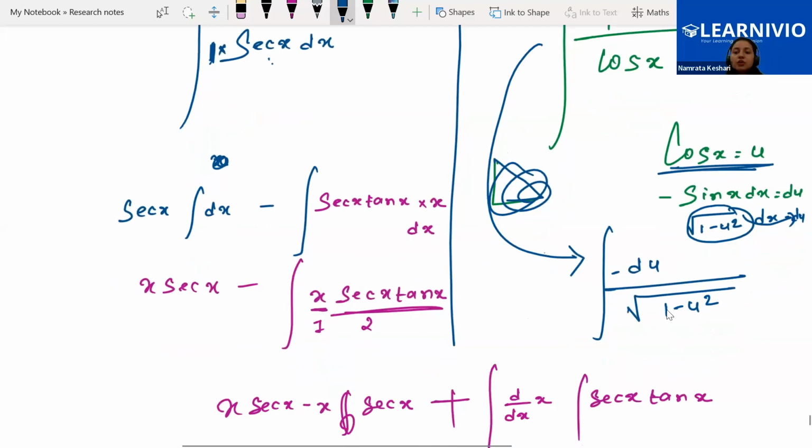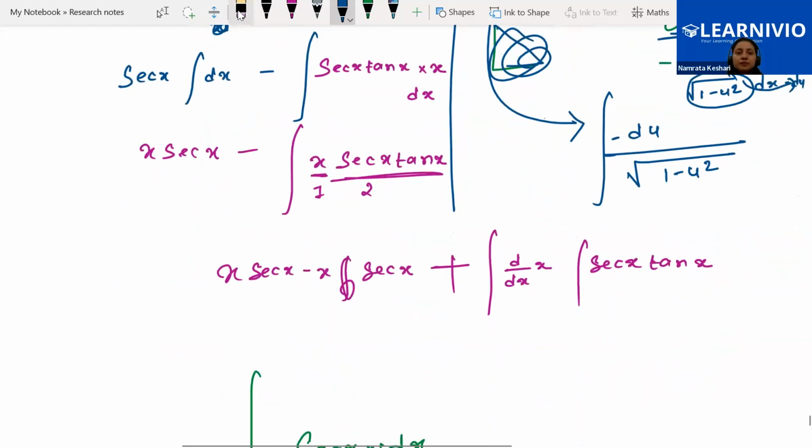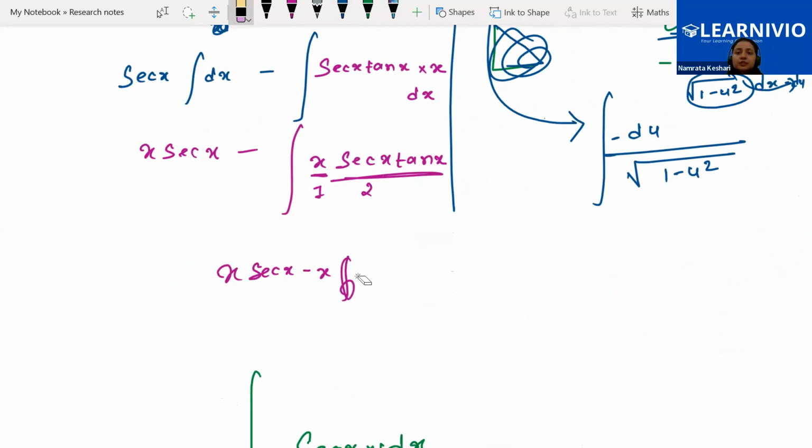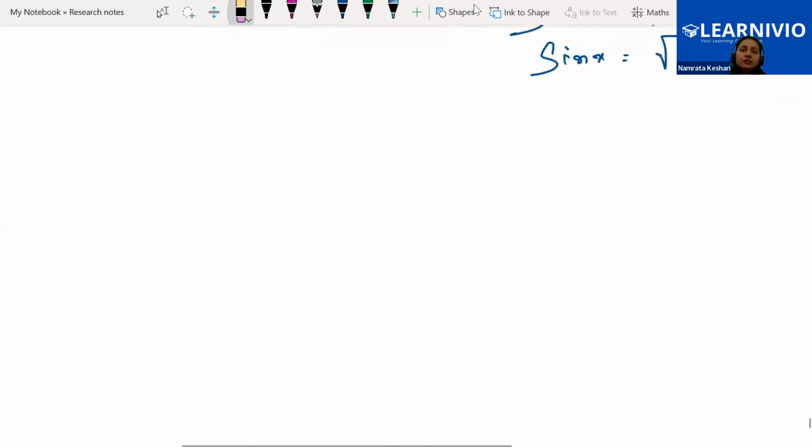What is the integration of square root of a square minus x square? What is the integration of this one, Murtaza? dx by under root x square minus a square.